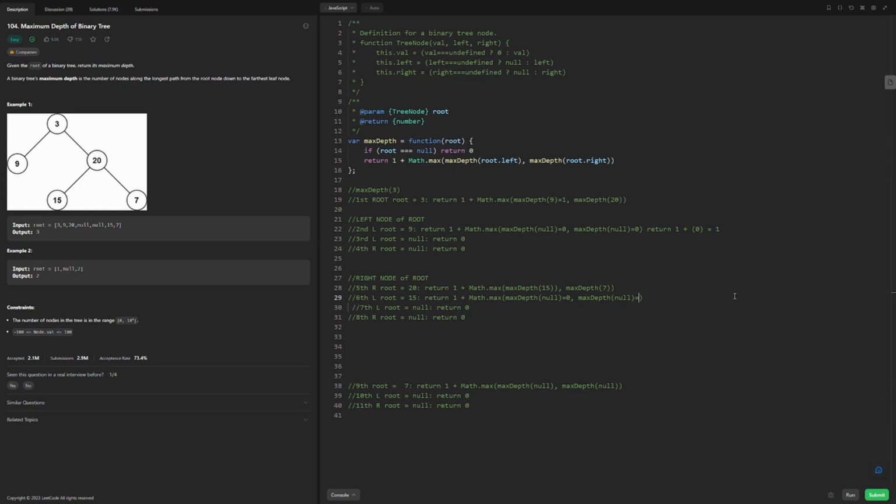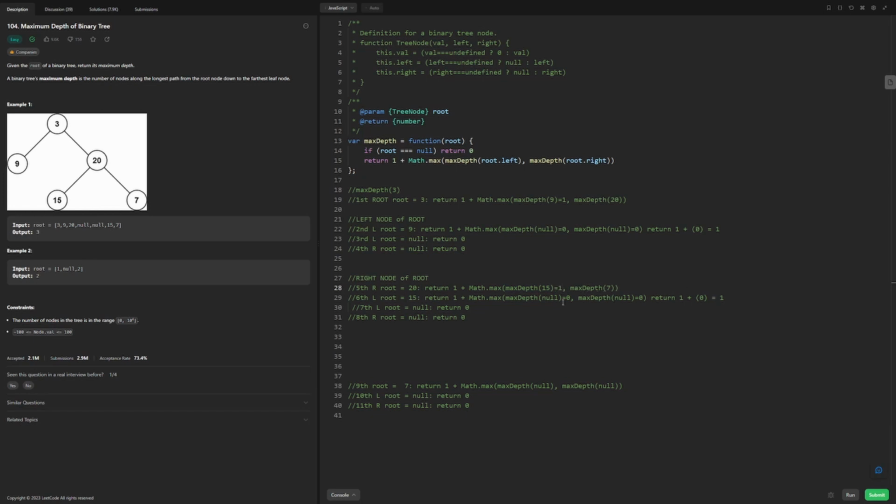The right is equal to 0. So we can do the arithmetic for this one, finally. So we return 1 plus Math.max of 0 and 0. Which one is larger? They're both the same. So this equals 1, which means maxDepth 15 returns 1.